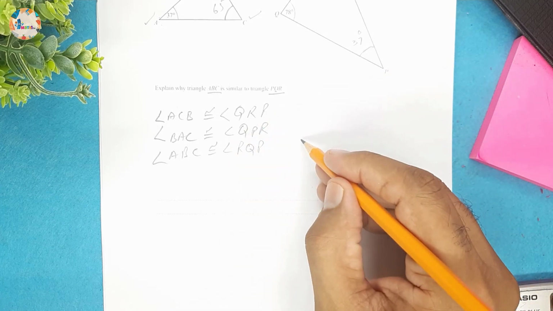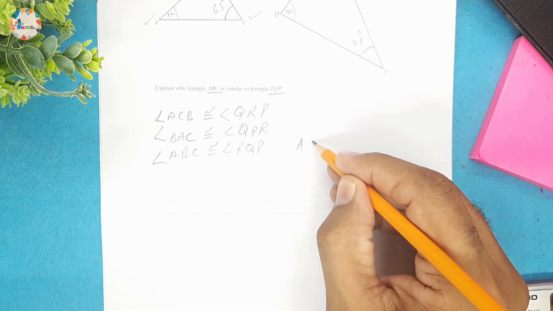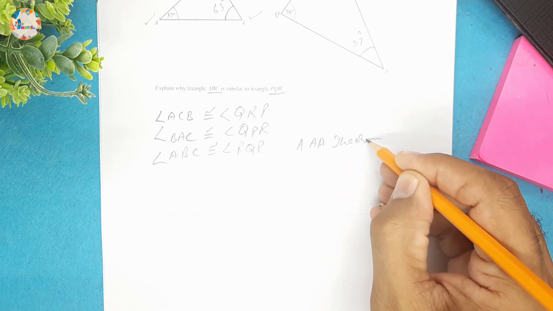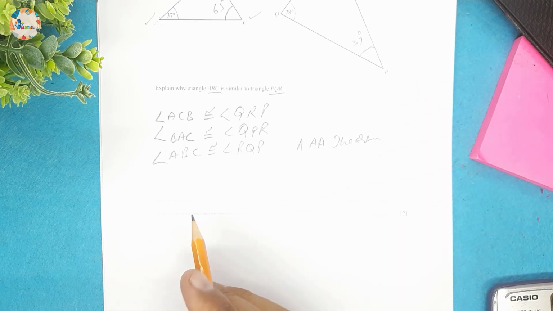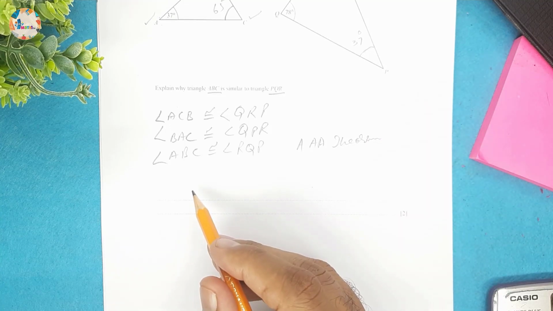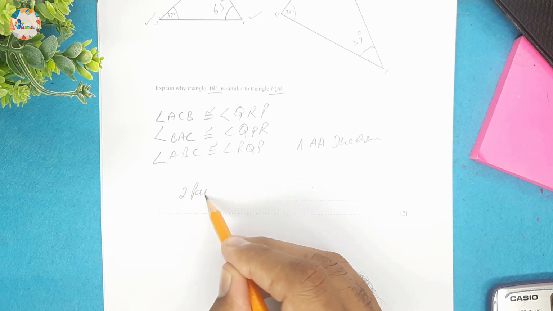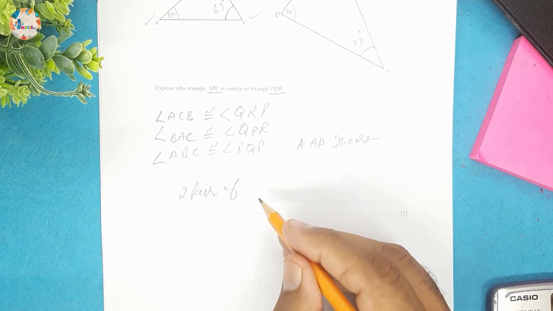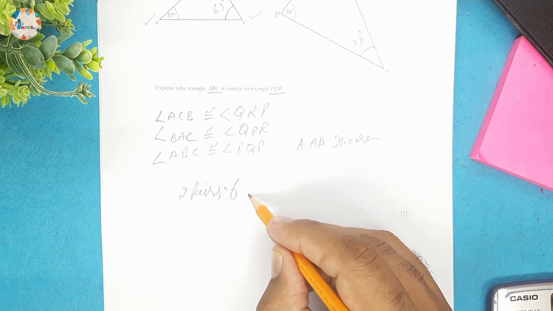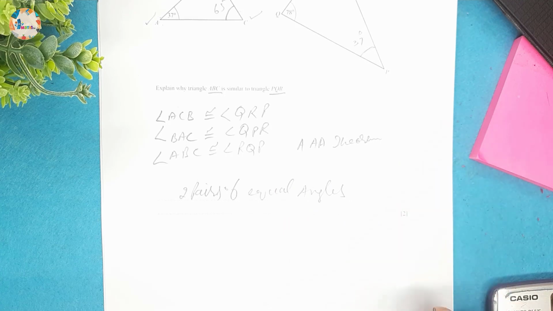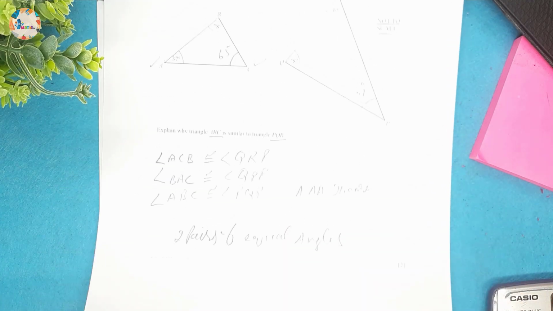So we can write angle theorem, two pairs of equal angles. This will be our answer to this one.